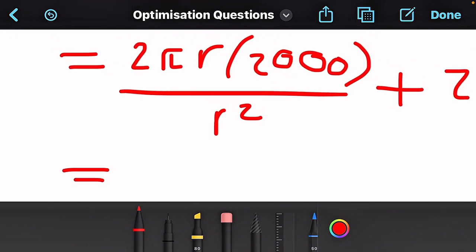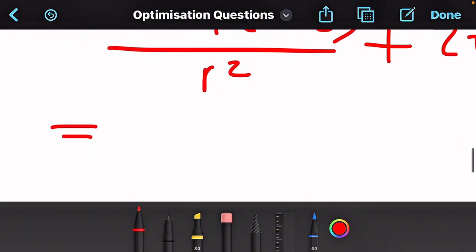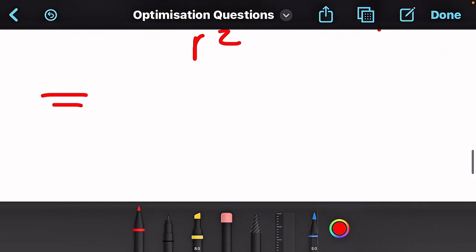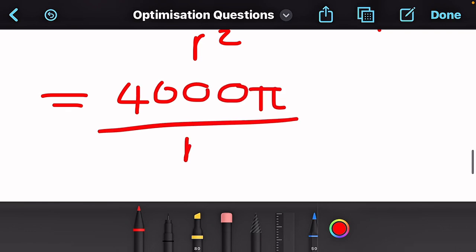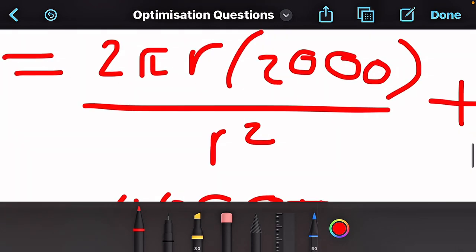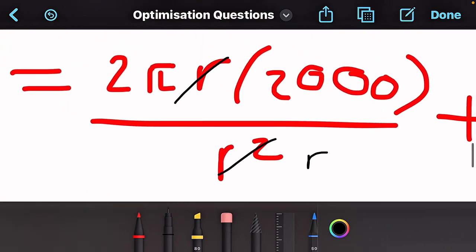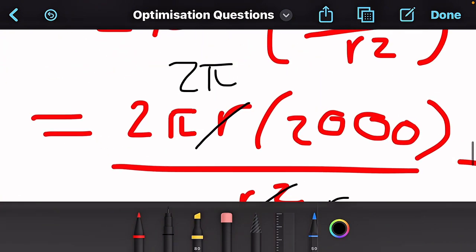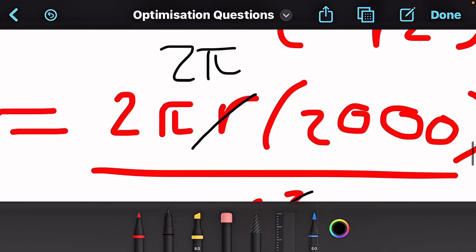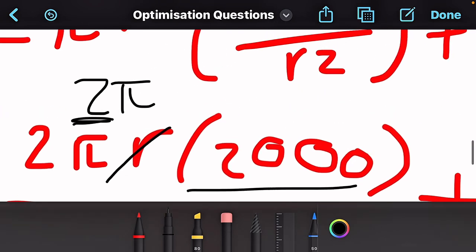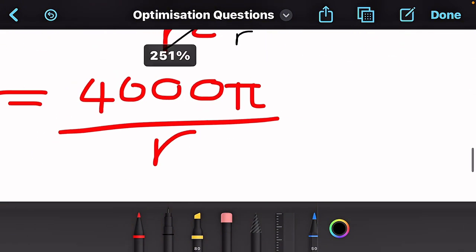We can cancel 1 r, so we're going to be left with 4000 pi over r. What we did here was cancel these 2 r's, so here there's only 1 r remaining, and the number that's remaining here is 2 pi. Then we took this 2 and multiplied it with 2000, and it gets us 4000 pi. So that's why it's 4000 pi over r.